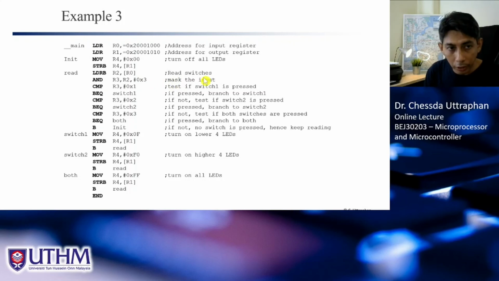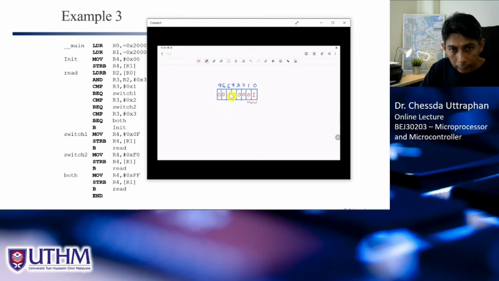We want to make sure that all other bits are 0, because remember, in the memory, sometimes this one may be 1, this one may be 1.